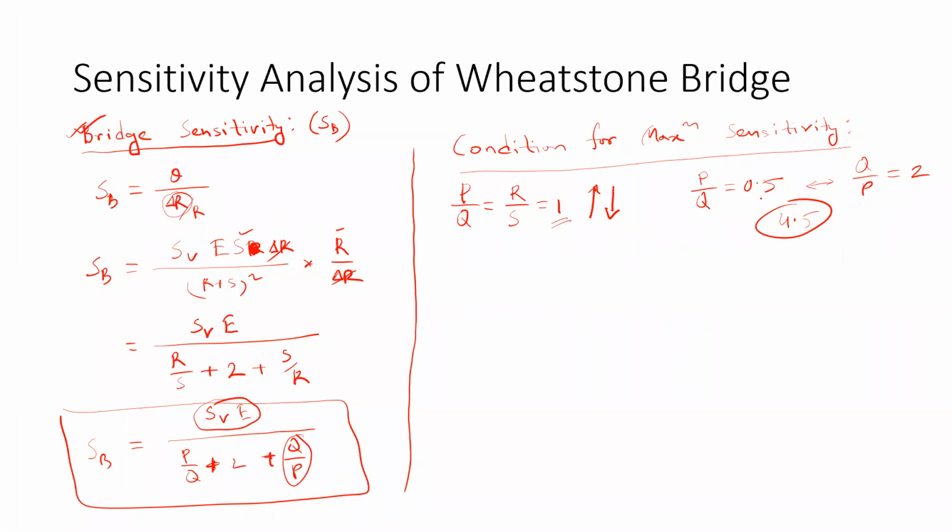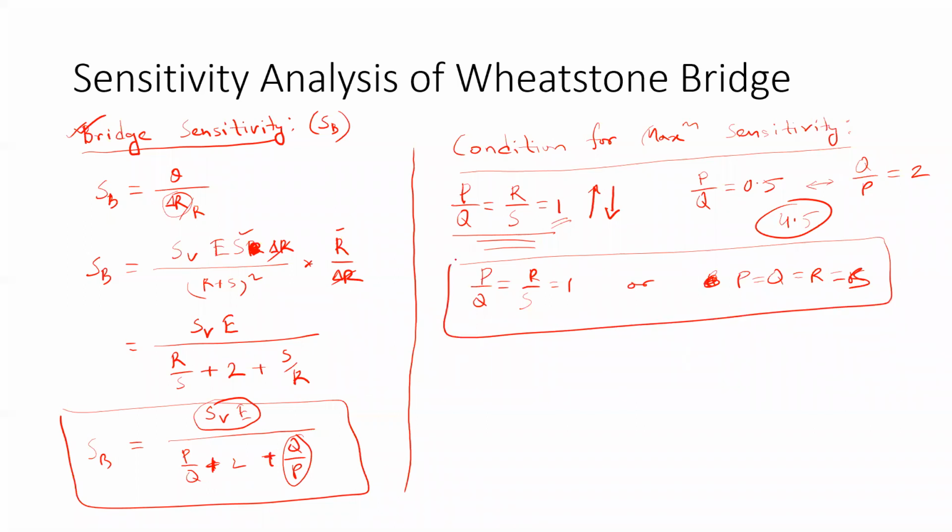For the vice versa case also, your denominator will tend to increase, and the minimum value of the denominator can be obtained when this condition is satisfied. So this could be one condition, and another one could be setting all the 4 resistances to be equal.